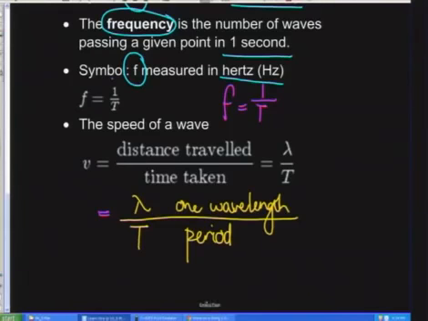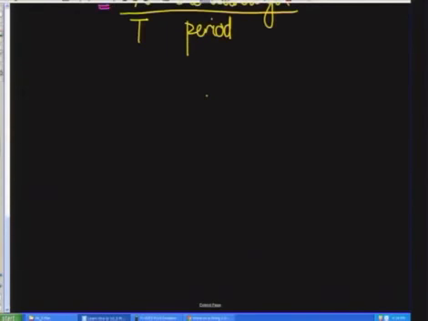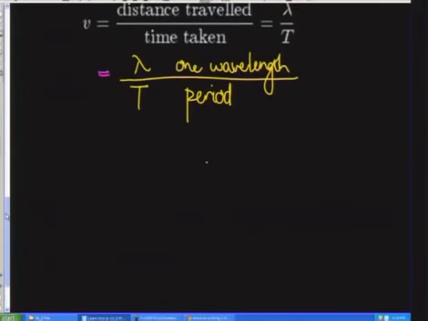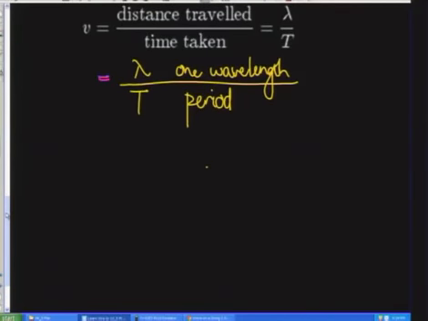So, if I take this a little bit further, for the speed of the wave I could write this, and follow the maths with me, as lambda multiplied by, not divided by, but multiplied by 1 over the period. So I've just taken that to the side and I'm multiplying by 1 over the period.